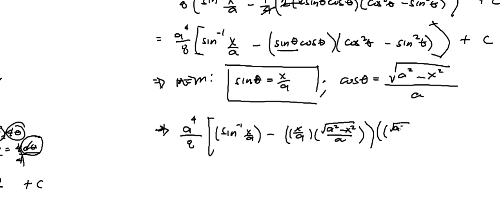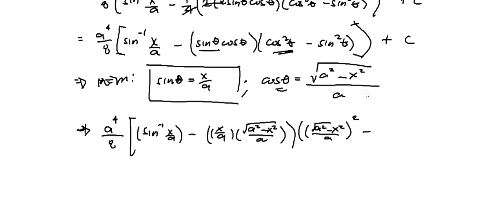So we have to square this cosine, minus sine that is also being squared, wherein our sine is x over a squared, right?